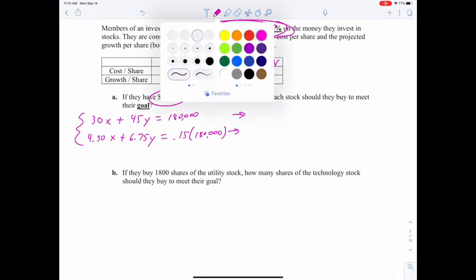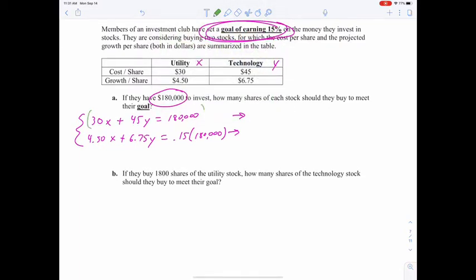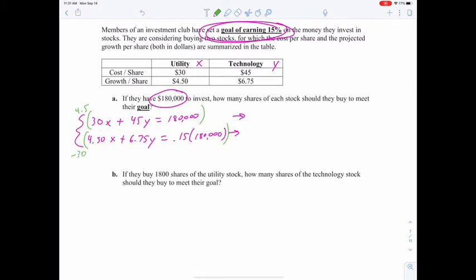So we're going to multiply the top equation by 4.5, the whole thing. And the whole bottom one, we're going to multiply by -30. Okay? And that's going to help us eliminate the x's, right?